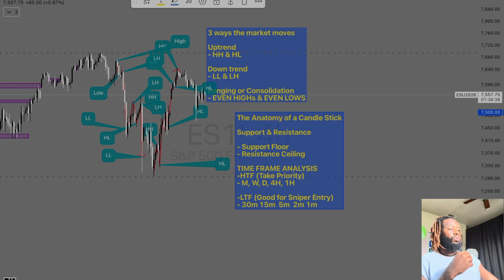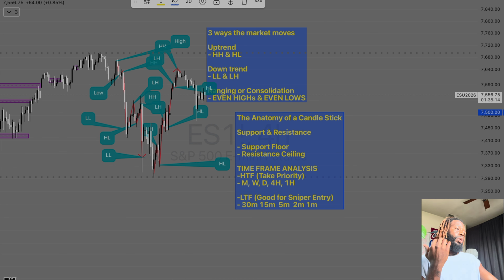We went through support and resistance, understanding what that is, which, remember, support is your floor, resistance is your ceiling. We went through time frame analysis, understanding the higher time frame versus lower time frame. Higher time frames will usually take priority, and then your lower time frames are good for finding entries and opportunities to get in on the pullbacks.